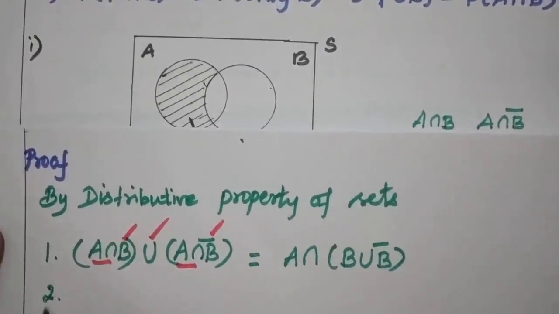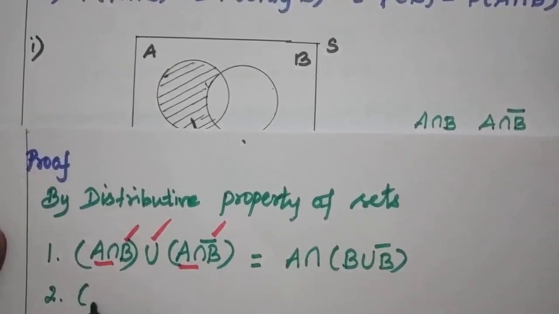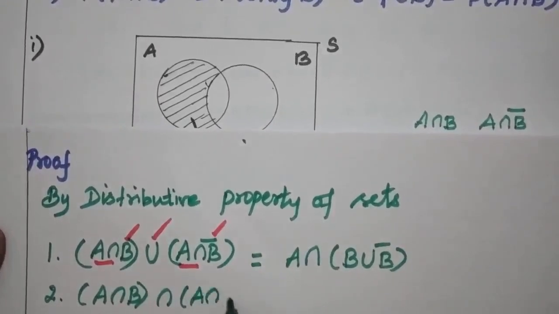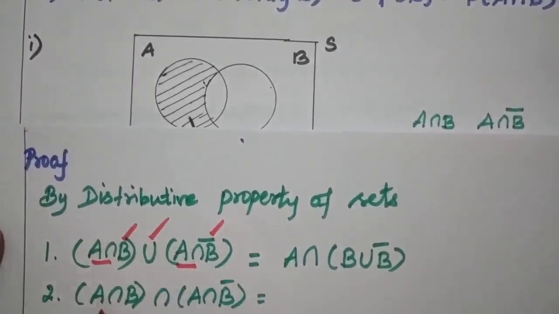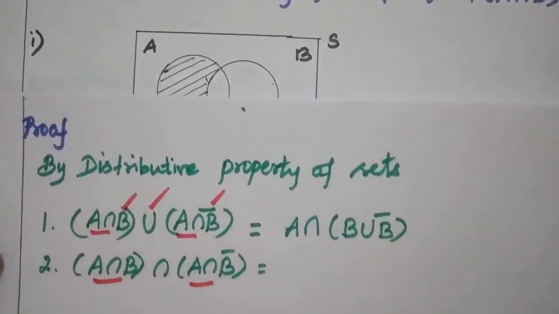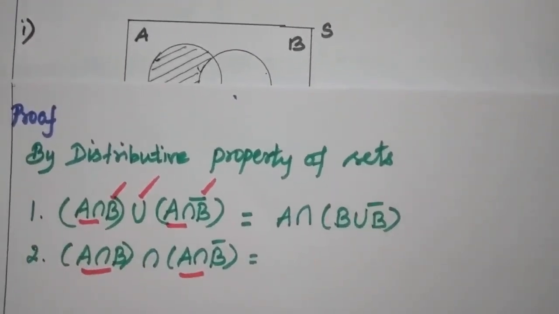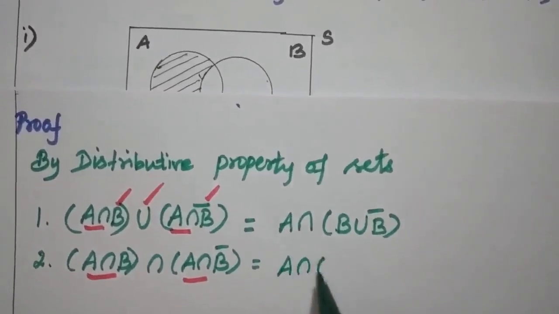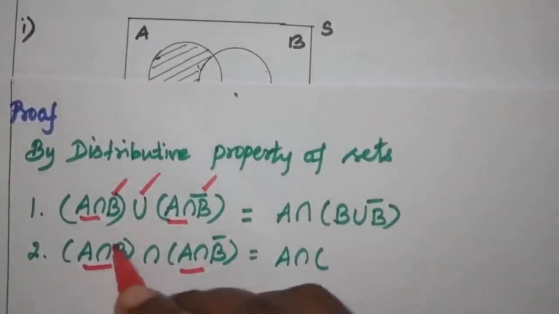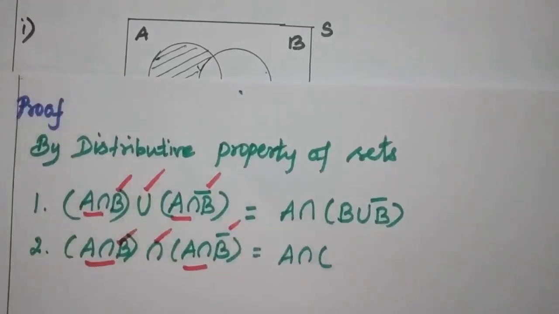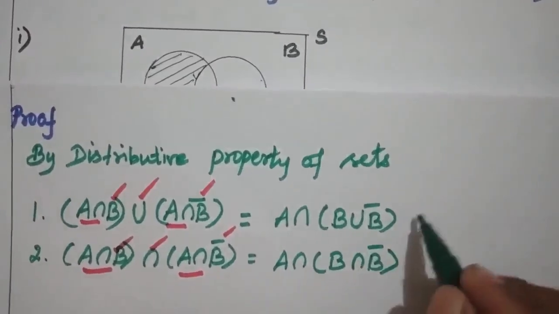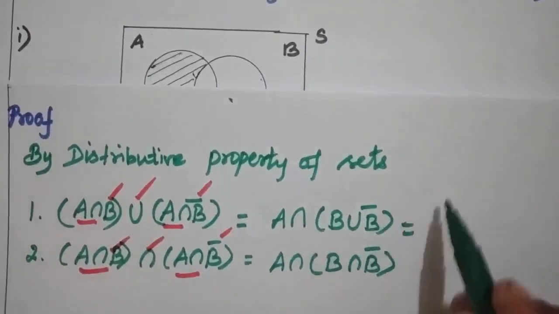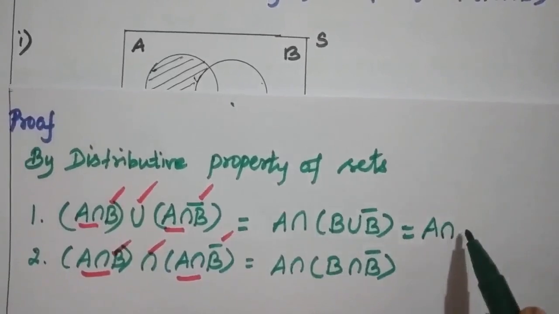And for the second one, for these two events we are going to take the intersection. So again here, A intersection is common between these two: A intersection, and B intersection B dash. So which is equal to A intersection.